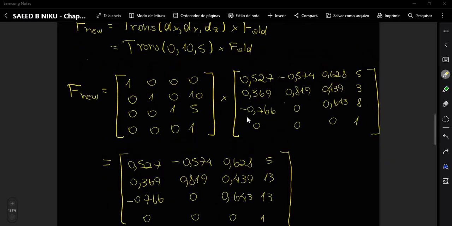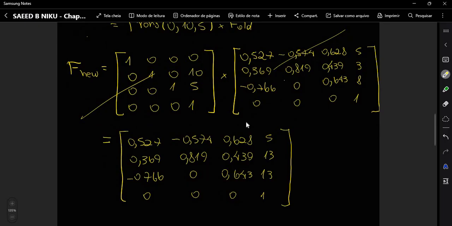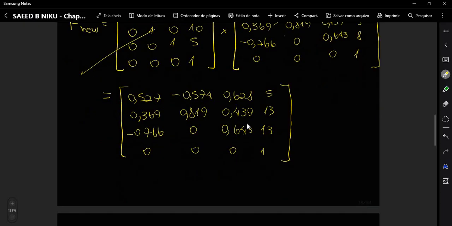And right here we have our pure translation matrix, and right here is the initial orientation. By multiplying those two matrices, we are left with the final position of the referential, which can be a rigid body or another ref system.